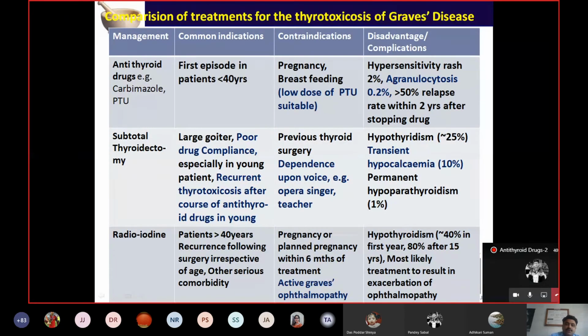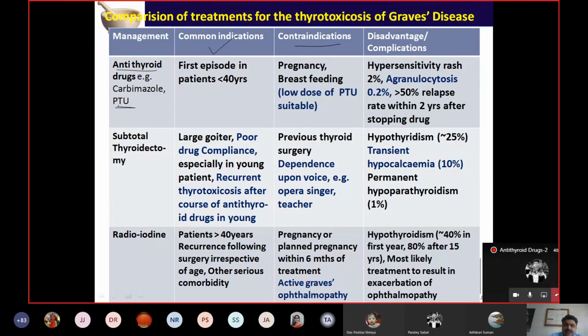Now what do we do? We have a lot of options, and the indication in which case we go with these modalities, and what are the contraindication, advantage and complication. In Graves' disease, you can use antithyroid drugs like carbimazole or propylthiouracil.